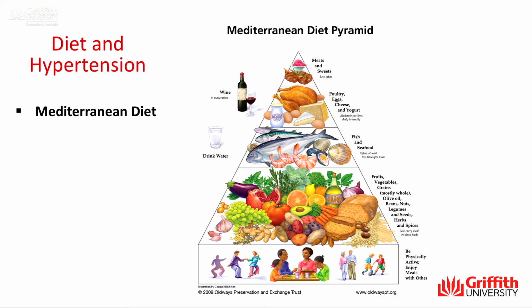The main differences between the two is that the DASH diet is more suitable as it recommends lowering your sodium intake, which is not a feature of the Mediterranean diet, and also that the DASH diet includes more protein, which has quite an emphasis on poultry and fish, and also emphasises the consumption of low-fat dairy products.